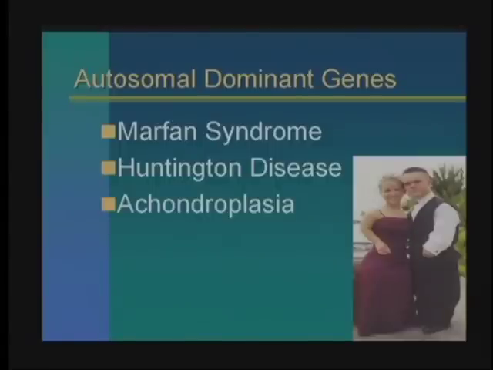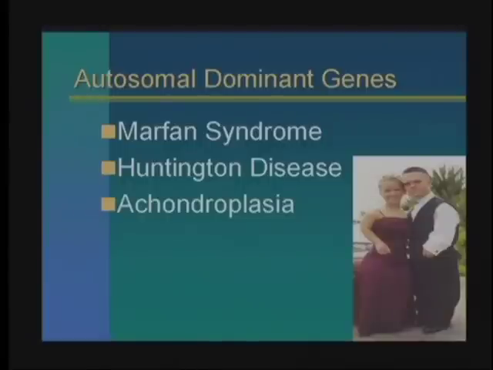And so that it is happening as a spontaneous mutation. Of course, if both parents have the gene, well, then you're going to expect that it will pass to the offspring.